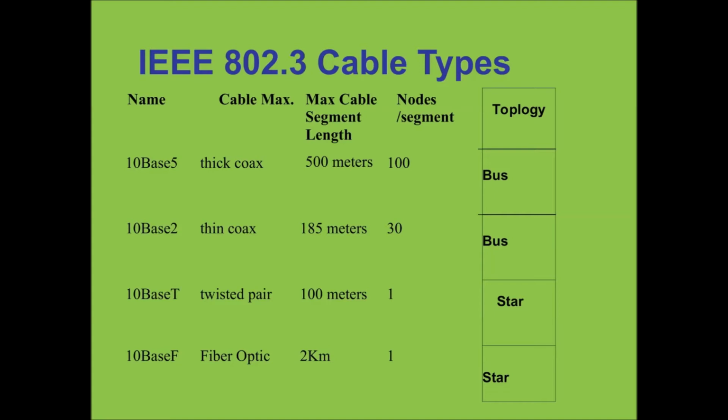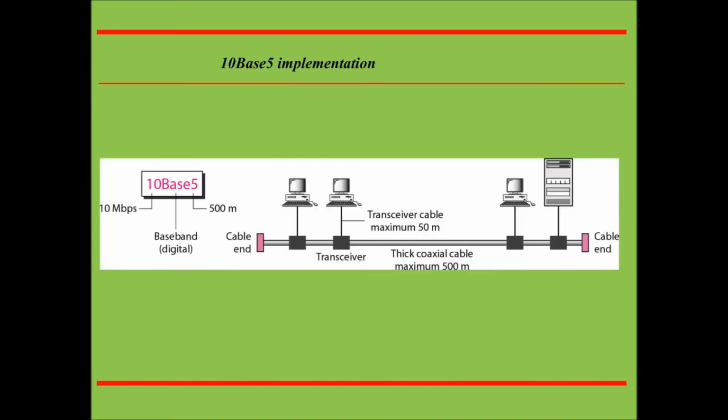Then nodes per segment, and topology is bus topology, again bus topology, star topology, and star topology. If we use 10 base 5, this is basically standard Ethernet common implementation. Next is thick coaxial cable, next is 500 meters, next 100, this is basically the number of devices which may be attached in this network, and bus topology is commonly used over here.